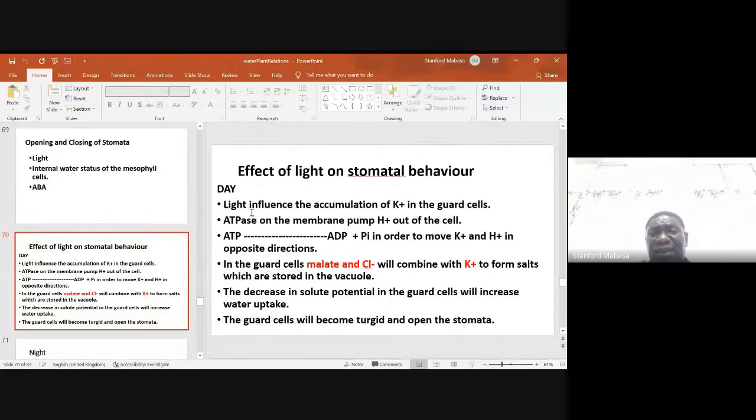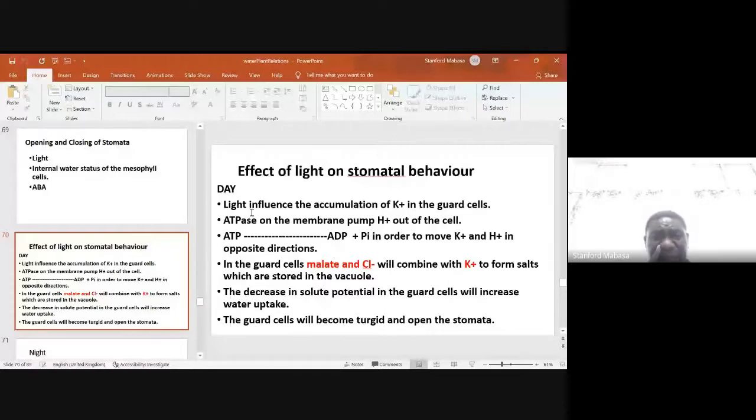Now, the process of moving potassium and hydrogen will require energy in the form of ATP, which has to be converted to ADP plus phosphate, Pi, in order to move potassium and hydrogen in opposite directions.